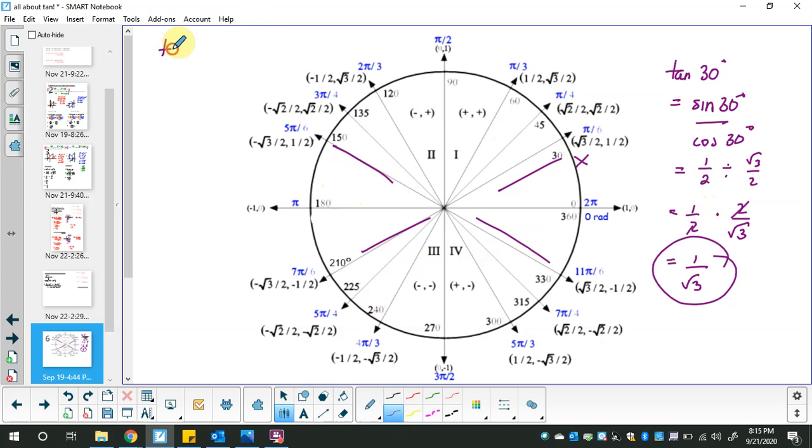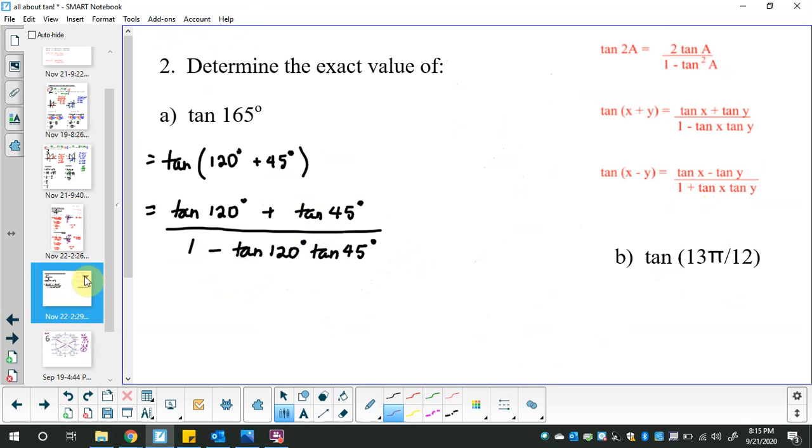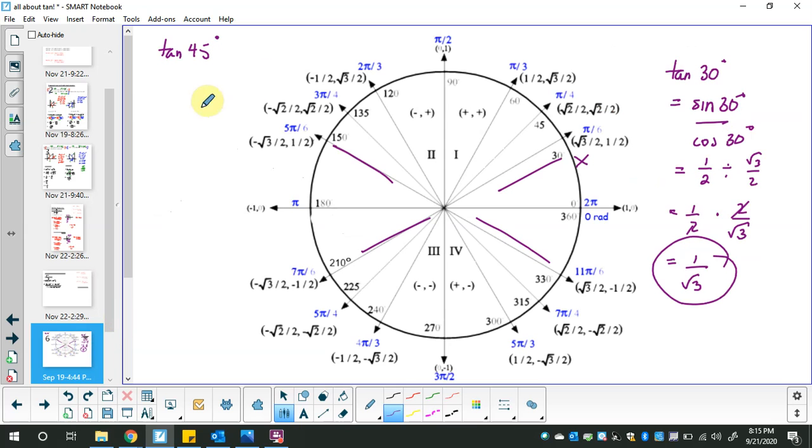I'm going to do the tan of 45 degrees, because I need it in this space. The tan of 45 is sine of 45 degrees over cos of 45 degrees. So that's root 2 over 2 divided by root 2 over 2.